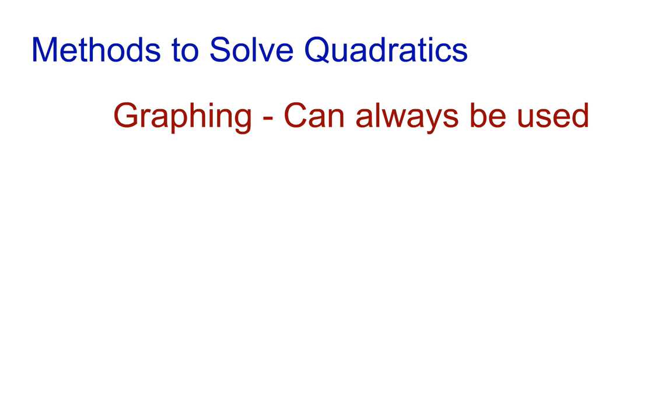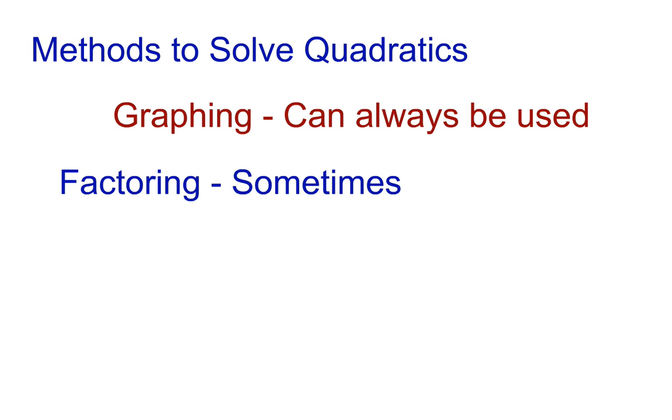The first method was graphing, and graphing can always be used, but it's not always exact, so we can use it when we only need an approximate solution. We can solve them by factoring, which sometimes can be used. We use it if the constant term is 0 or if our factors can be easily determined.